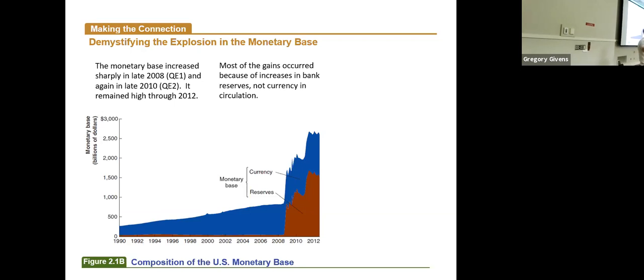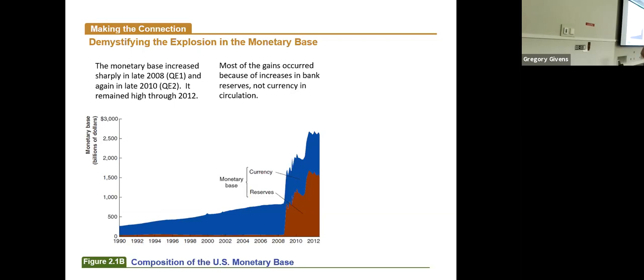Now, we just went through a couple of problems here, and we argued that the main way in which the Fed would increase the monetary base is through an open market operation, right? So in a normal situation, if you guys were to see such a huge increase in bank reserves, then what would that tell you? The Fed must be doing a ton of these open market purchases, which suggests that the Fed is probably buying a ton of these U.S. Treasury securities.